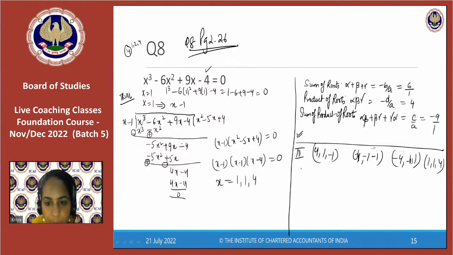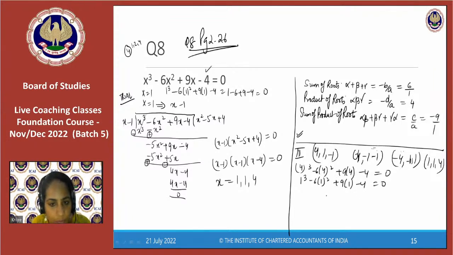Again, try to understand. 4 cube minus 6 into 4 square plus 9 into 4 minus 4 gives you 0. Correct. Same, 1 cube minus 6 into 1 square plus 9 into 1 minus 4 again gives you 0. Correct. Minus 1 whole cube minus 6 into minus 1 whole square plus 9 into minus 1 minus 4.